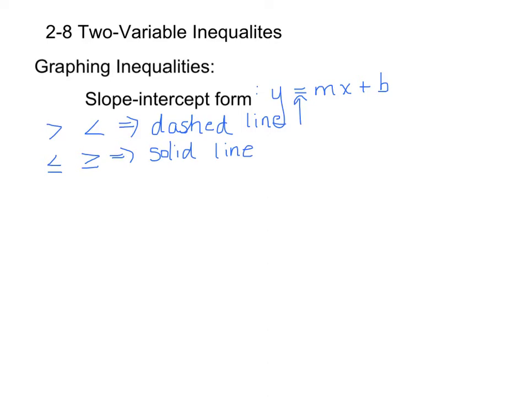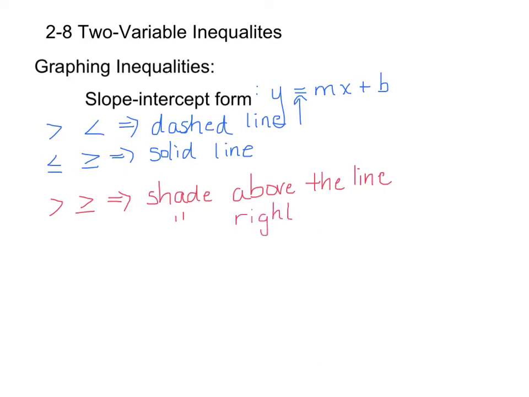And another thing you need to remember is where to shade. Greater than or equal to, we would either shade above the line, or if it is a vertical line, in vertical lines, we shade everything to the right of the line.